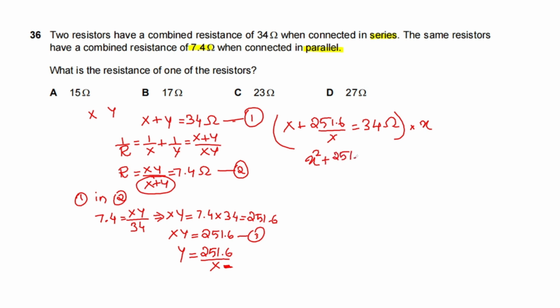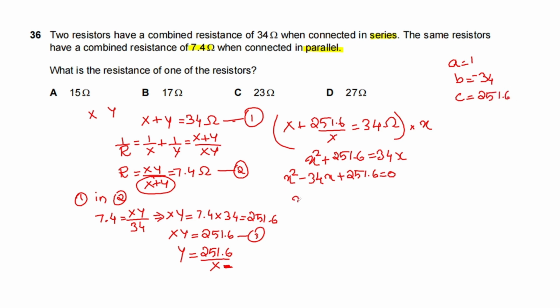So X square plus 251.6 is equal to 34 times X. We can rearrange like this so that you are getting a quadratic equation. In that equation a is equal to 1, b is equal to minus 34, and c is equal to 251.6.